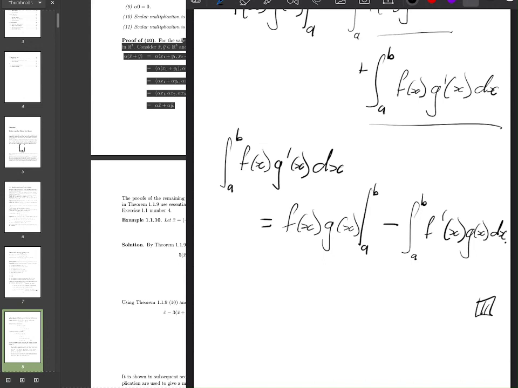So you don't really need to remember this formula. If you remember exactly where it comes from, the product rule and the fundamental theorem of calculus, you can always reconstruct it if you forget.